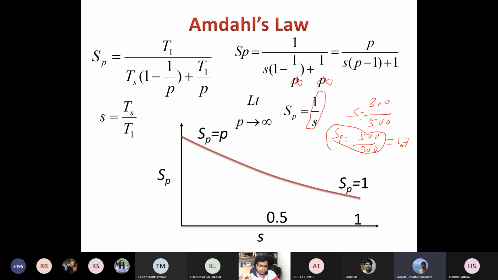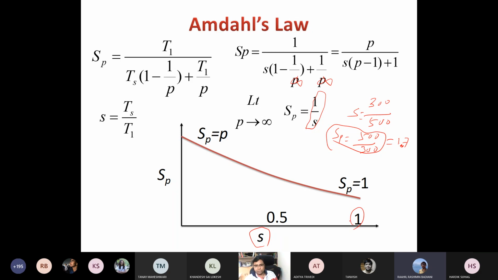Okay. So this graph shows speed up, and this is serial fractions. If serial fractions increase, then speed up will not be obtained. Suppose S is equal to 1, then you will not get any speed up at all.